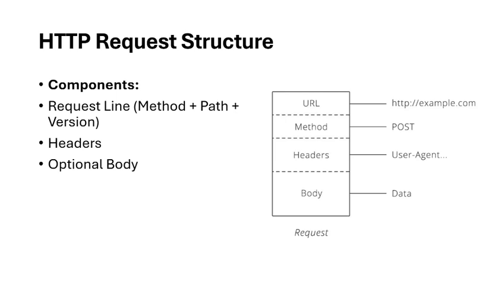They describe things like the browser type, the content, the authentication, etc. The body is included only in some methods. It carries data that is being sent to a server. So an HTTP request is a request line, headers, and an optional body. This structure helps the browser tell the server clearly what it wants and how it wants it.